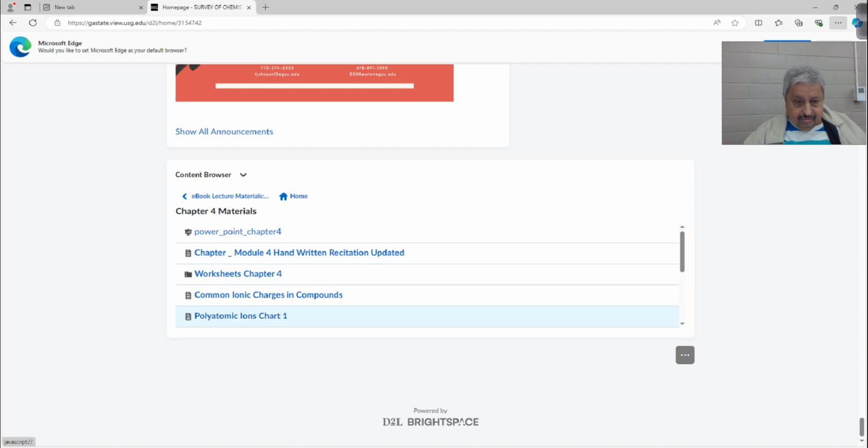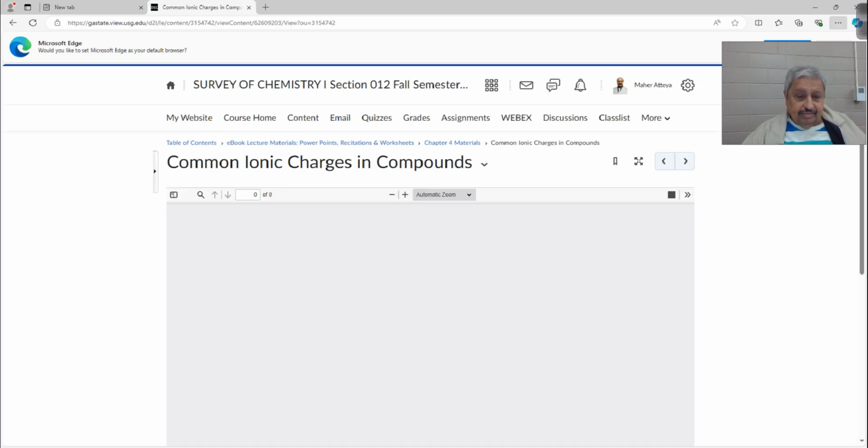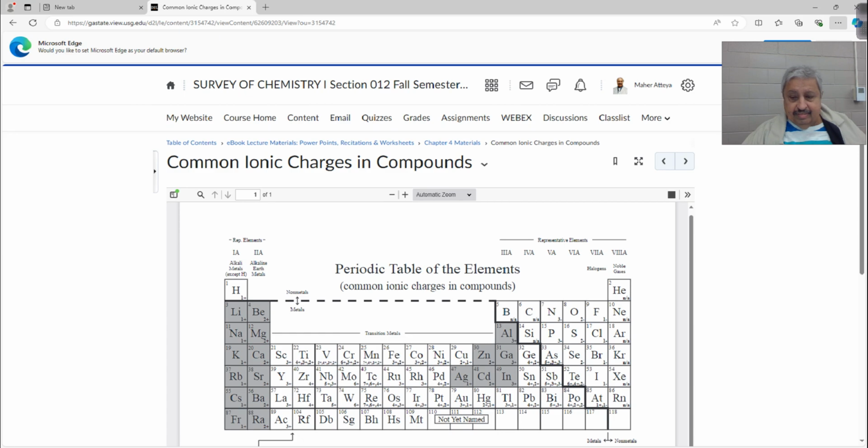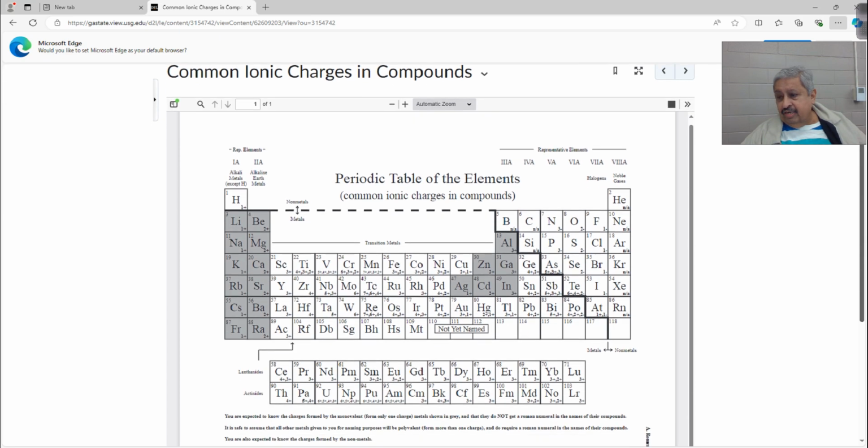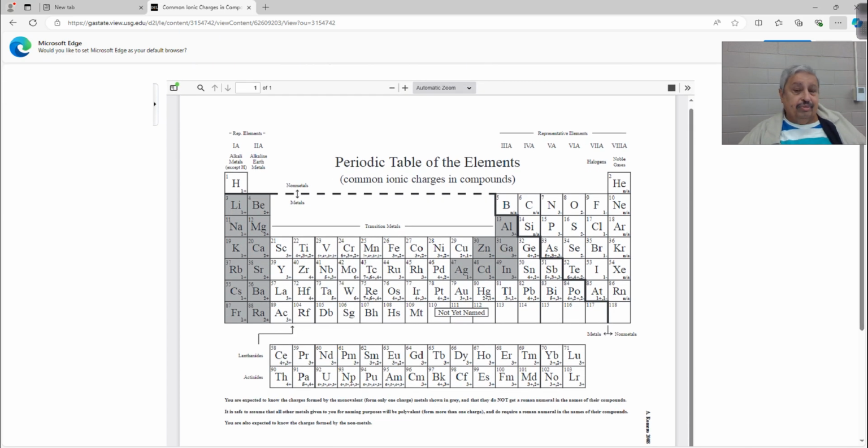I put for you the common ionic charges in a compound. If I make this bigger, yes. I want everyone to take quiz number 2. You have to have this one ready. You have to have this printed out and in front of you so you can understand these charges.